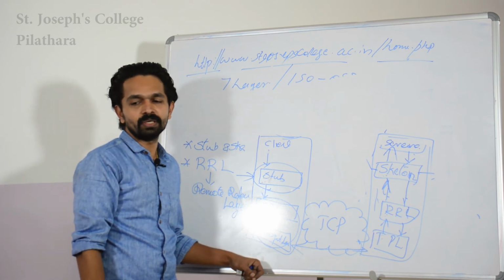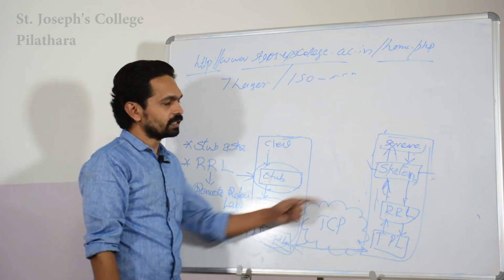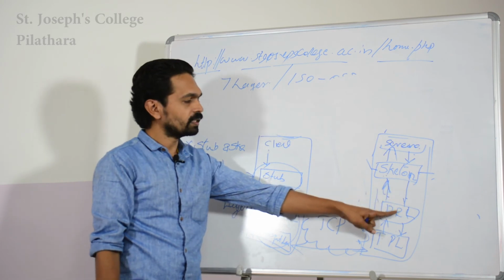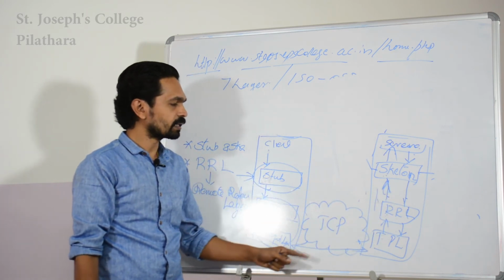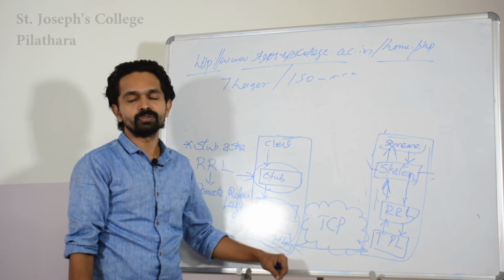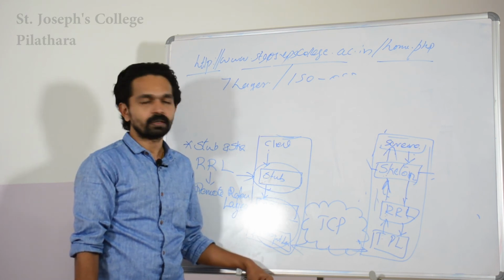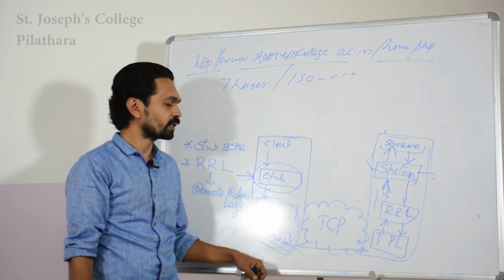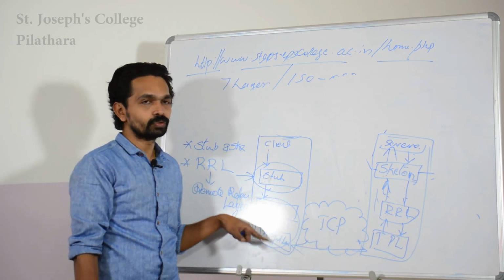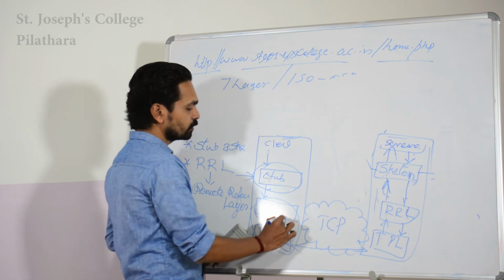It invokes the method on the actual remote object, then returns or responds to the RRL, and the RRL transmits to the transport layer, in short TPL. That transport layer sends back to whom?